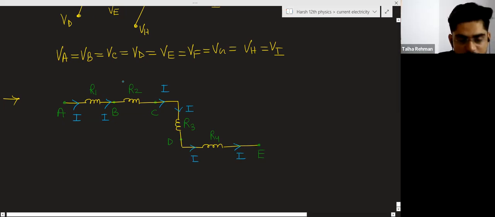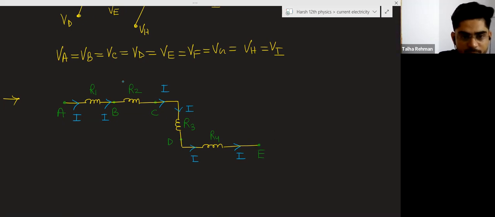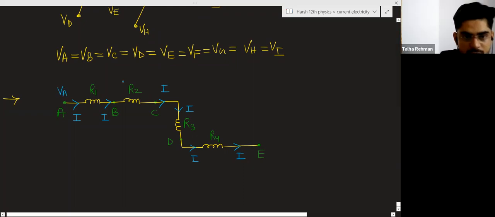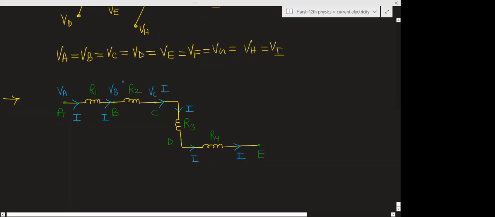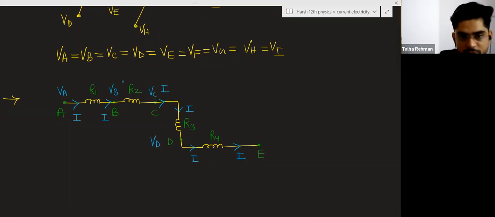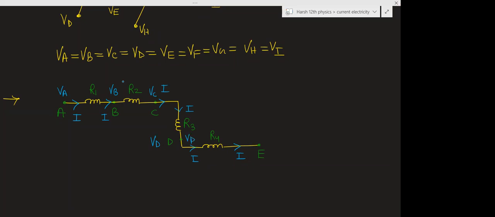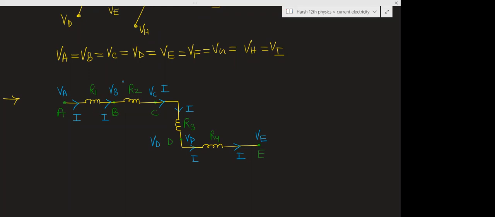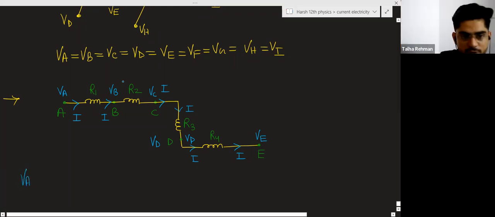But if I am asking about the potential at A, potential at A means VA, VB, VC, VD, VE. Now move from A to B. You are moving from point A to B. In between there is a resistance, so VA is not equal to VB.